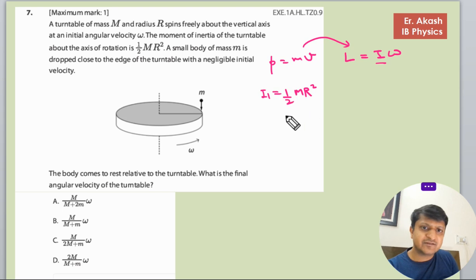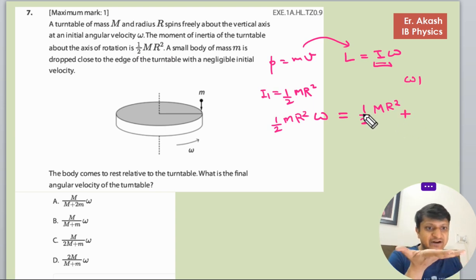So I1 omega, half Mr squared omega, will be equal to the new I into new omega. The new omega will be, suppose, omega 1, and the new I will be half Mr squared plus m r squared, because one inertia is of the disk and another of the body that has stuck to it.